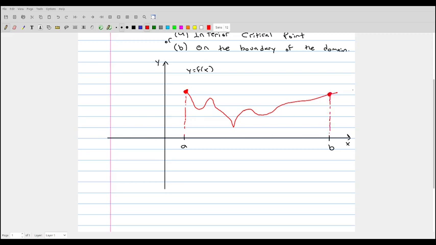We're considering maximizing and minimizing the function on this interval from a to b.